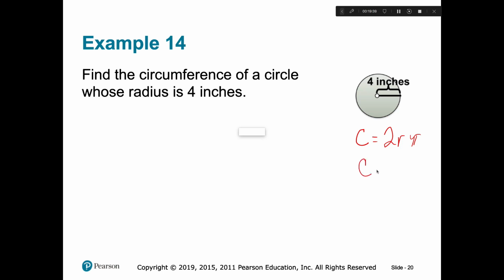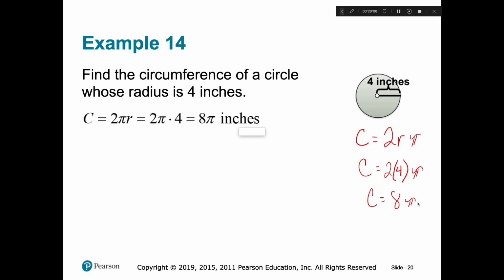The circumference is 2 times the radius. Do I have that information? It is 4 times pi. What is 2 times 4? So the circumference is 8 pi. If they wish for an exact answer, that is what you put. That is the exact answer for this. You do not have to finish working that out.